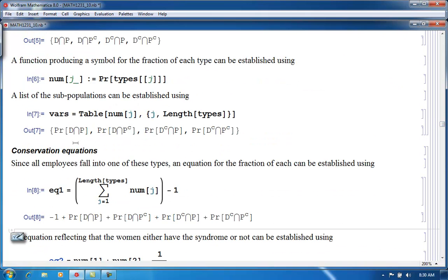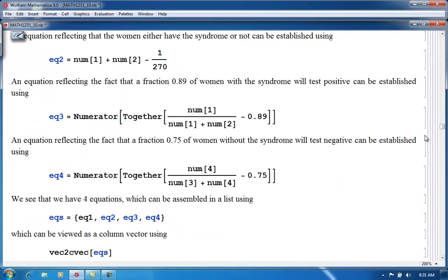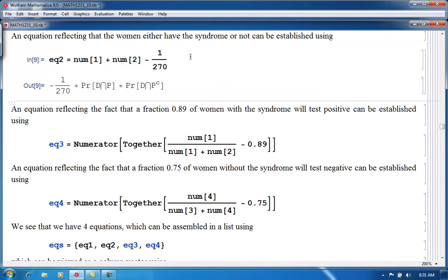If we go and look here, the fraction of women that have Down syndrome is the number who test positive plus the number who test negative, and they must be equal to the fraction of women who have the syndrome. So that's another linear equation. And then an equation reflecting the fact that 0.89 of women with the syndrome will test positive.